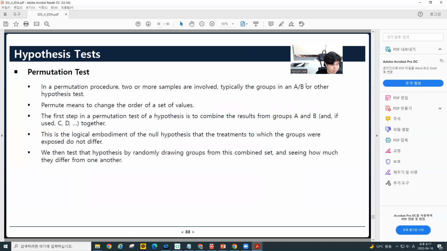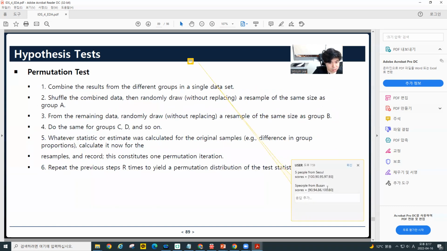A랑 B라는 그룹이 있을 때 보통 평균을 봐서 평균이 서로 같은지 다른지, 평균적으로 어떤 집단이 더 우수한지 검증하는 것인데, 예시 하나를 들어 보겠습니다.